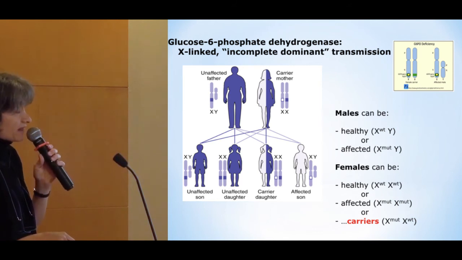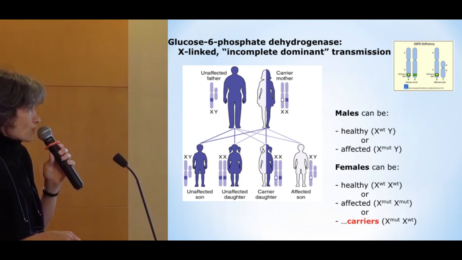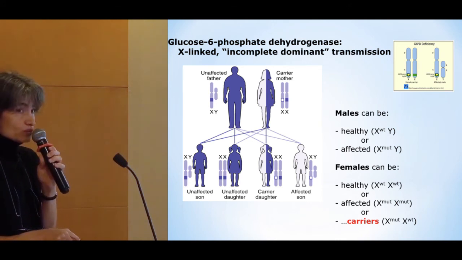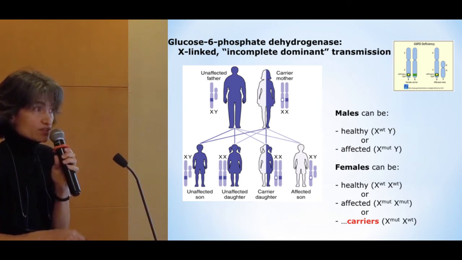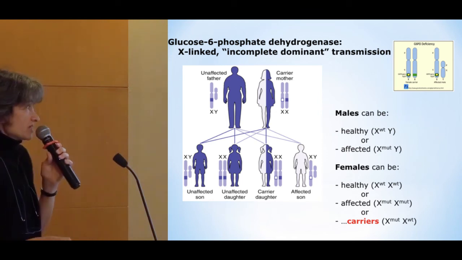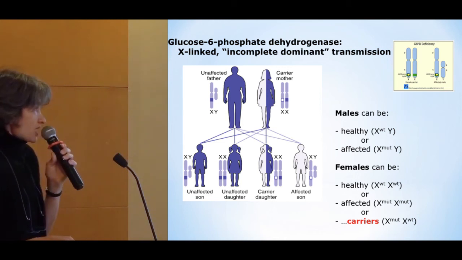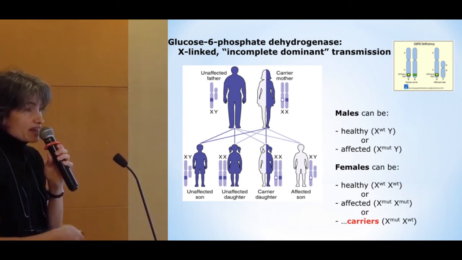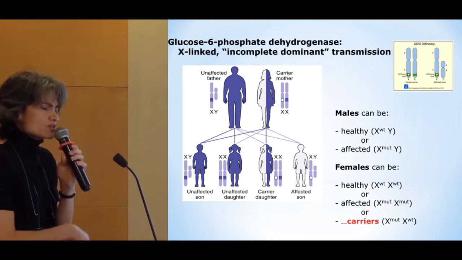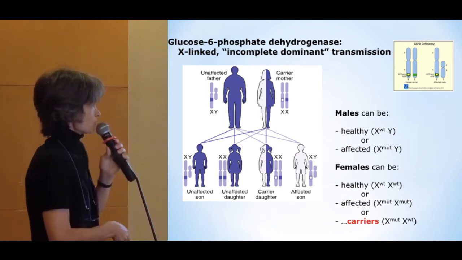Females can be healthy if they bear both chromosomes healthy, or affected if they bear both chromosomes mutated. Or there's a third case: females can be carriers. In this case, they bear a mutated X and a wild type, that is, healthy allele. And those carriers are particularly interesting, and I'll show you later why.